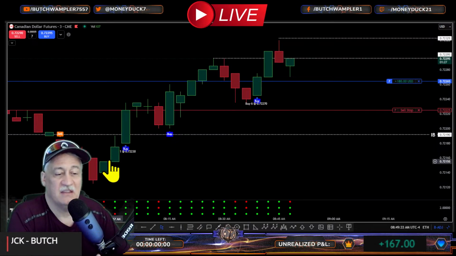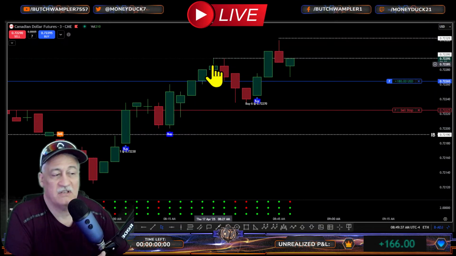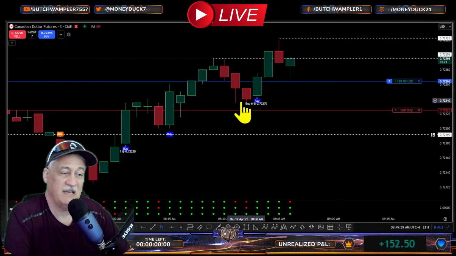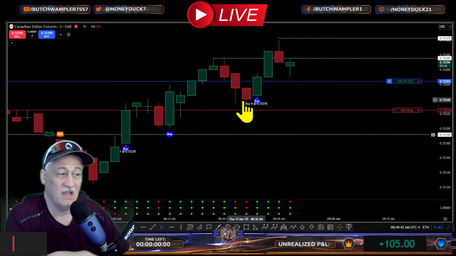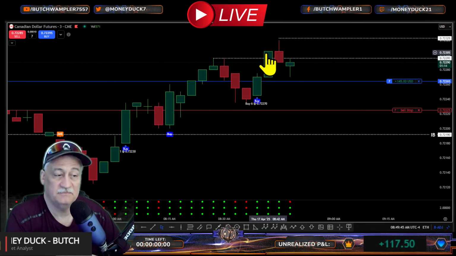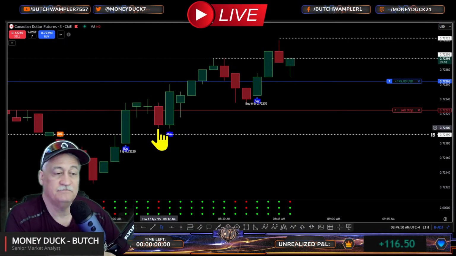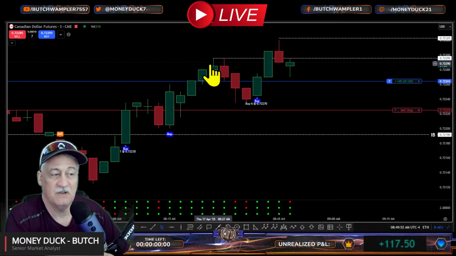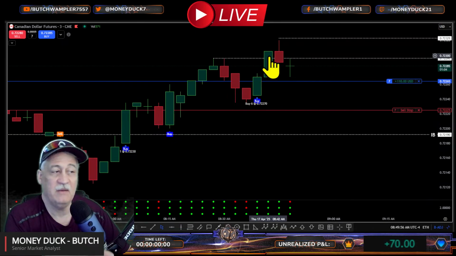So again, the bullish side of the market's in control. It pulls back a little, bullish side still in control. Pulls back a little deeper, and then we see a weaker move up. We had a nice strong move up with barely a pullback, a decent move up with a little more of a pullback, and then a weak move up.